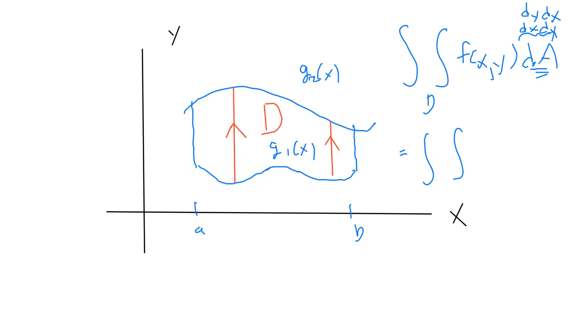But the way that this type 1 region is, you're going to have 4 limits here: a limit here, limit here, limit here, limit here.